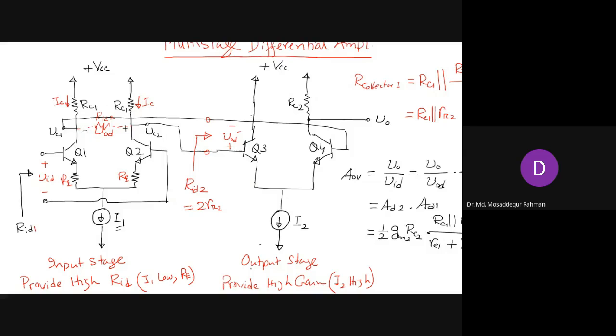Any questions, guys? Sir, in the denominator it is RE1 plus... You can't see this part?